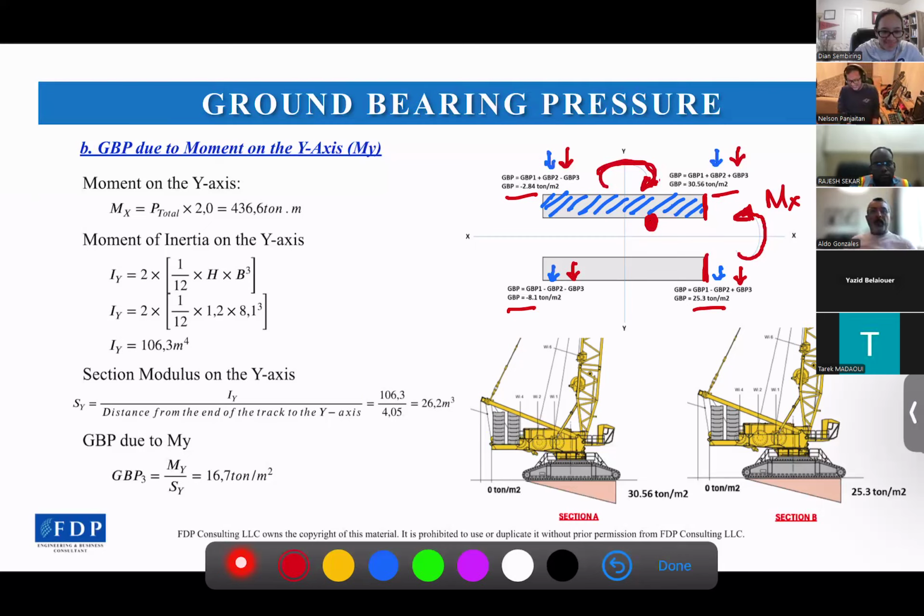Nelson, this is for only one angle, one side, because I remember in one project, the client asked me to give him the ground bearing pressure at each point, at least across the rotation of the crane.